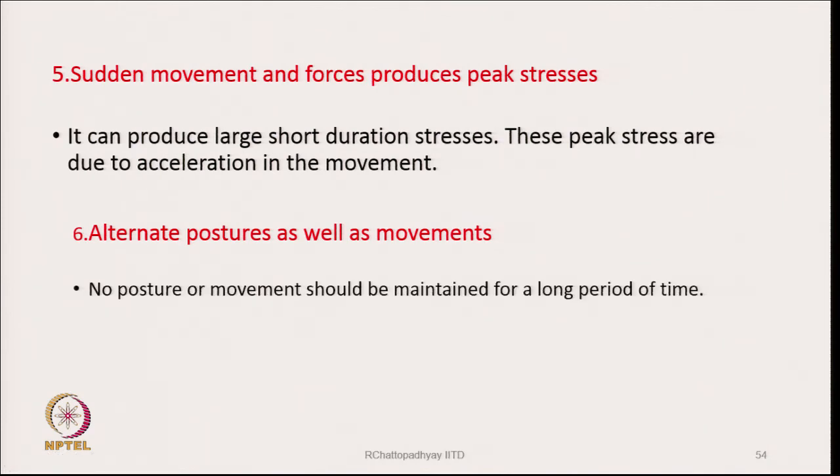The other one is alternate postures as well as movements. No posture should be maintained for a long period of time. We should not give a task to a person who has to maintain the same posture over a long period.